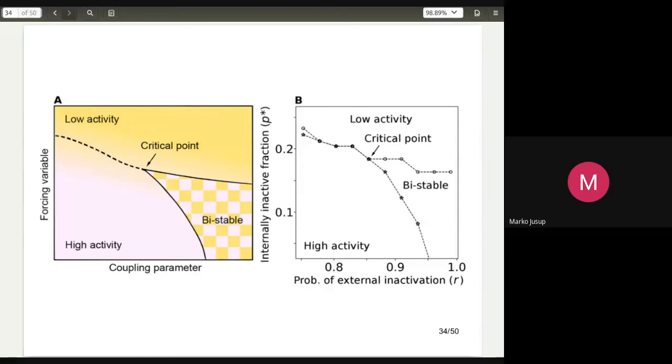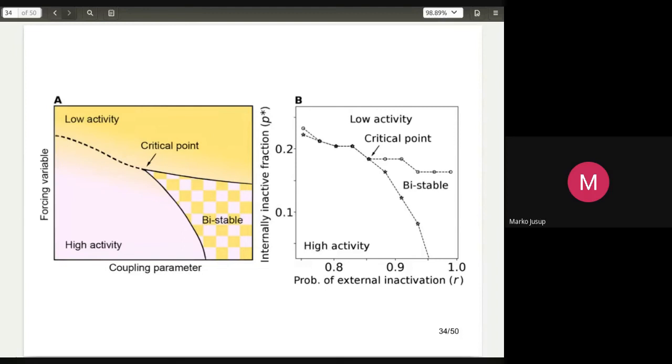So low activity is up, high activity is down. The forcing variable is, in essence, glucose concentration. If you look at the vertical axis, high glucose concentration would be down, and low glucose concentration would be up. As glucose concentration increases, we are approaching the high activity phase. But it's important, as we will see in a moment, to be near this critical point where the bistable zone appears.